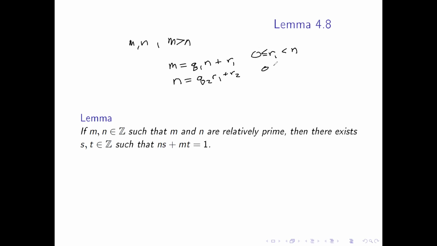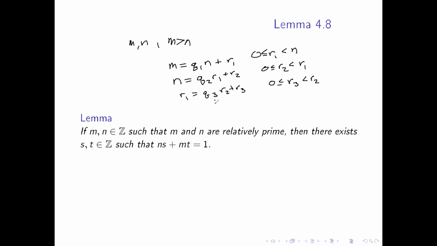And in here, R2 is less than R1. And we can keep doing this process where we do now R1 equals Q3 R2 plus R3. And R3 is less than R2.